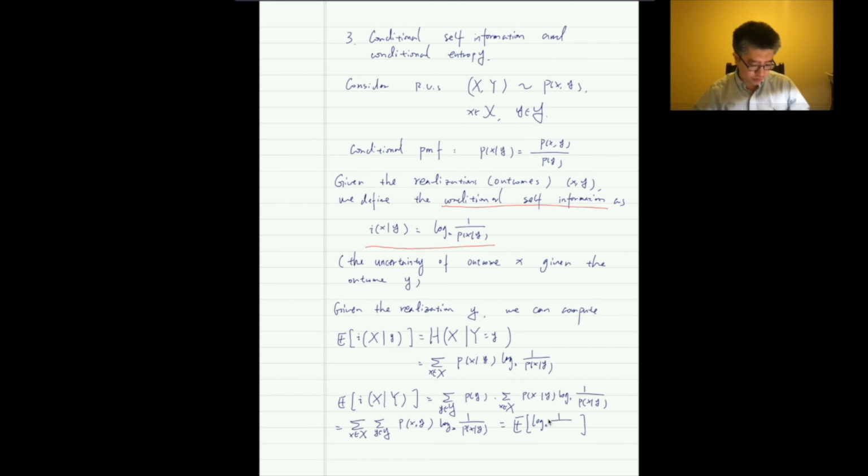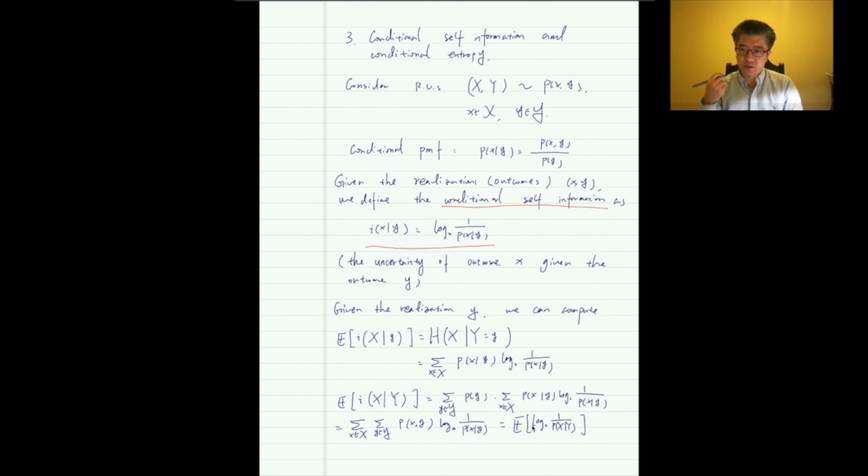It's not very good to write it in this way, so here it has to be something like this, with capital letters. Basically what I'm saying is that this is the average over both X and Y of the self-information.